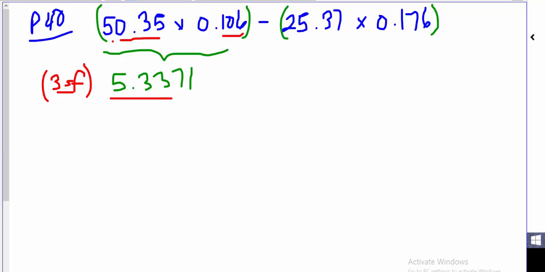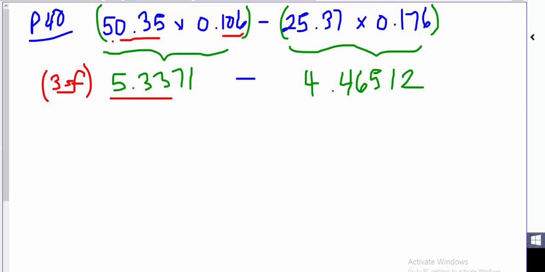Okay, I've got this subtraction sign, and then I'm going to do the multiplication over on the right hand side. So I've got 25.37 times 0.176 is equal to 4.46512. Let's look at our sig figs on this side. 4 sig figs in the first number, again 3 in the second number, so I'm allowed to have 3 sig figs in my product.